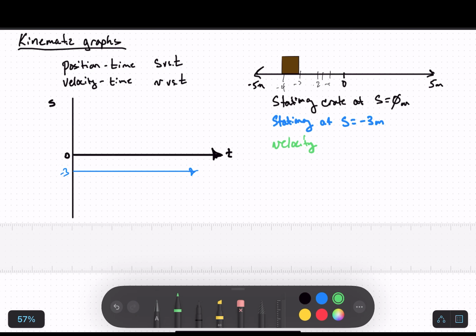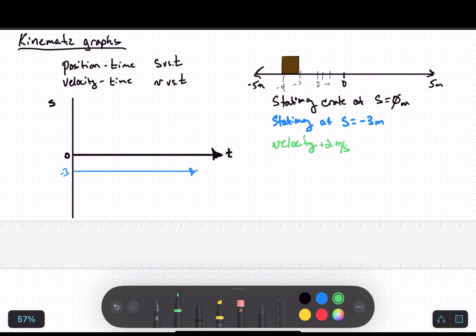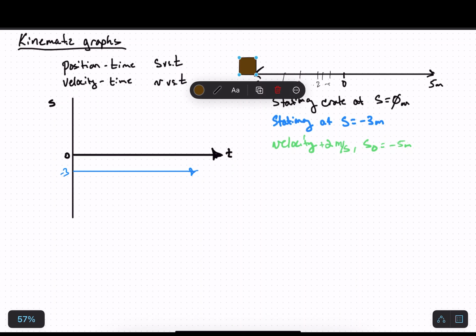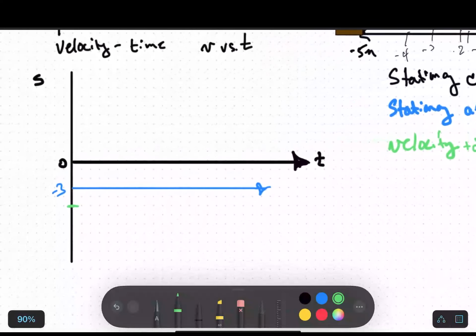We're going to have a velocity, and our velocity is going to be a positive 2 meters per second, and its initial position is going to equal negative 5 meters, right? So we would move this crate all the way back here to negative 5, and so that's going to be 1, 2, 3, 4, 5. It's going to be down here on our graph, and we can zoom in on that a little bit.